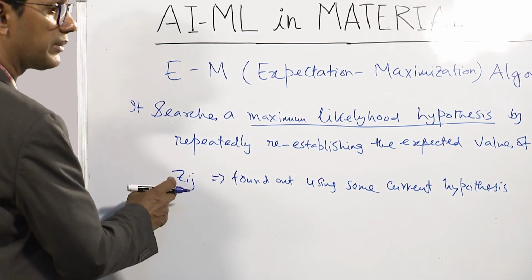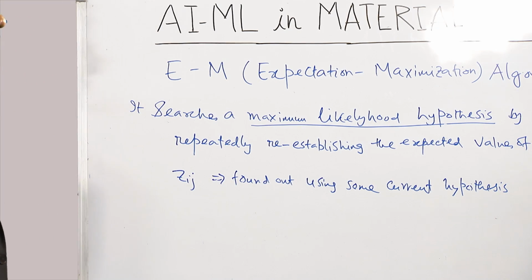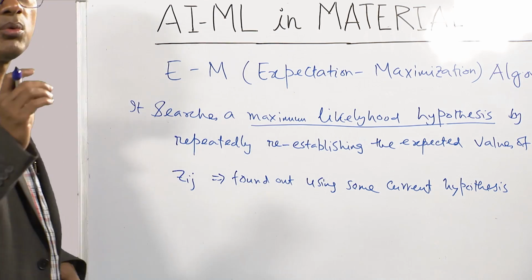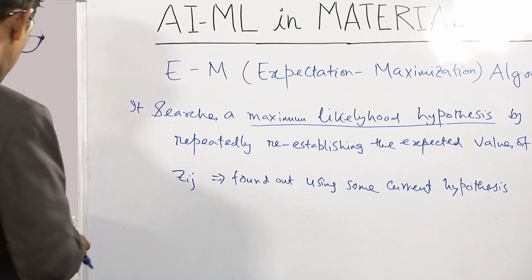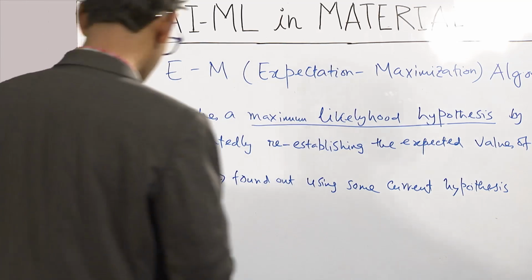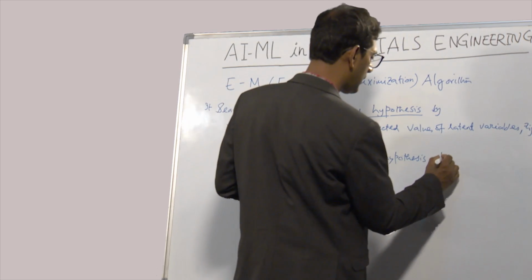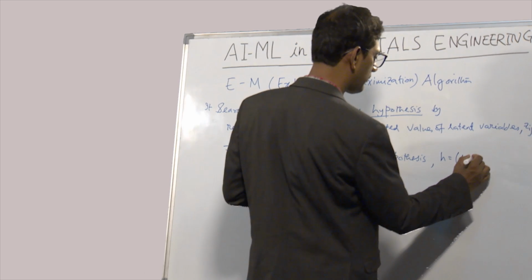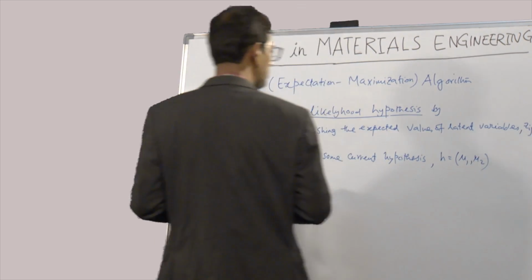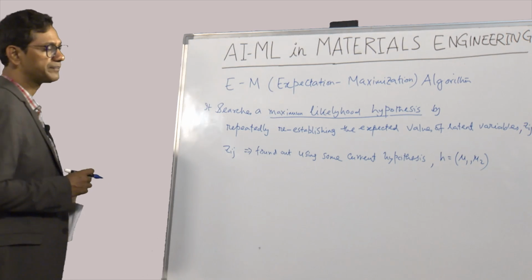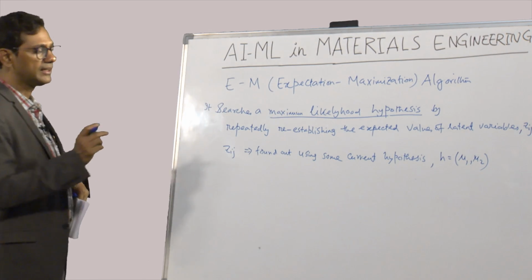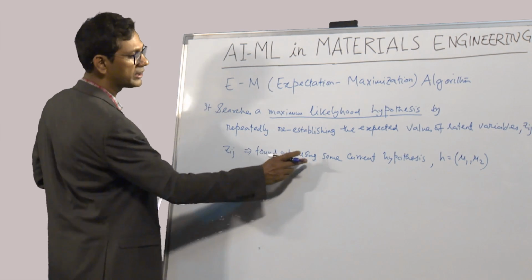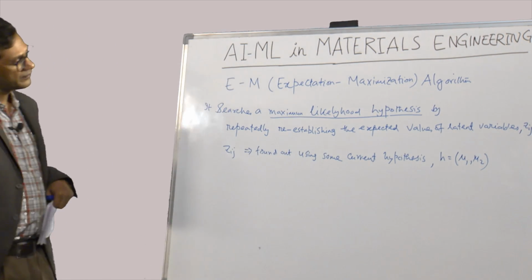The latent variable is found out using that. It is a random choice. You can choose any, you do not have to worry about what the particular process is. This hypothesis is, let us say, H, and we can write H equal to mu1 and mu2. This initialization of the latent variables, remember, is found out using some current hypothesis.